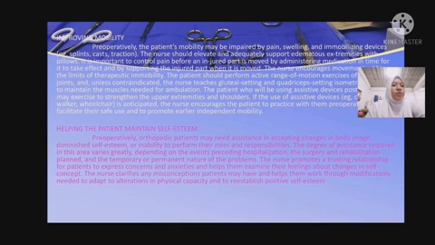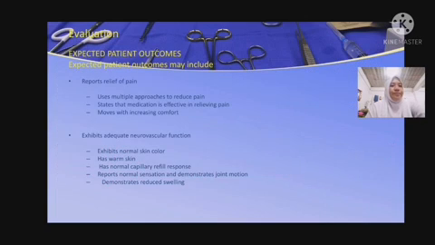The nurse promotes a trusting relationship for patients to express concerns and anxieties and helps them examine their feelings about changes in self-concept. The nurse clarifies any misconceptions the patient may have and helps them work through modifications needed to adapt to alterations in physical capacity and to reestablish positive self-esteem.